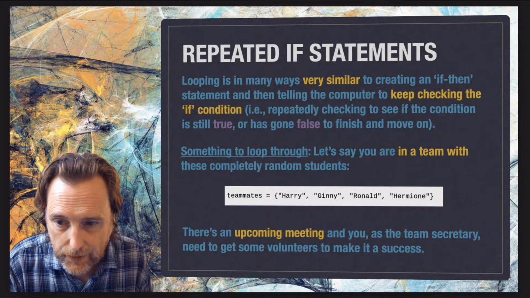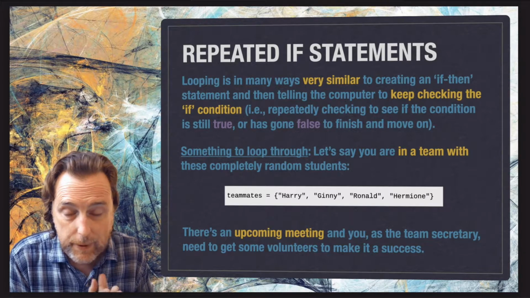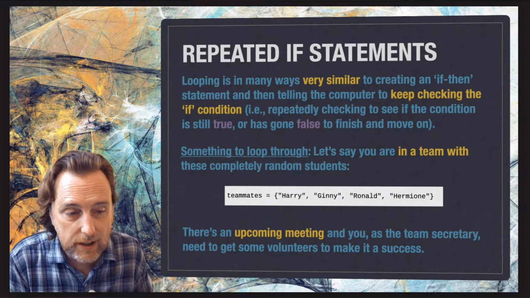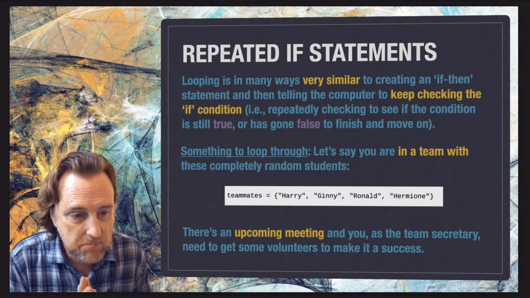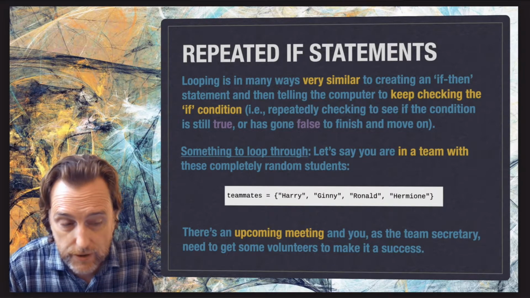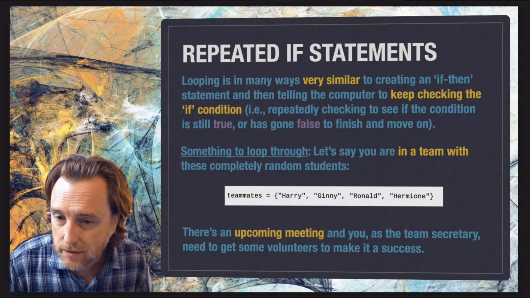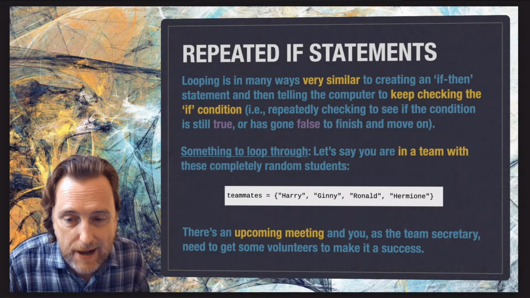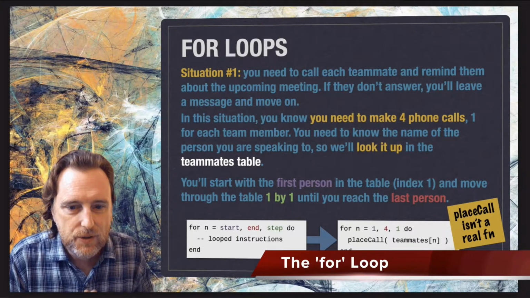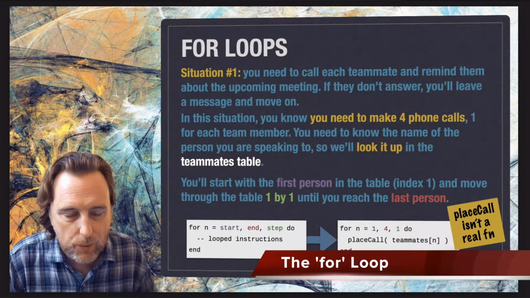Harry, Ginny, Ronald, Hermione. So there is an upcoming meeting. You guys are getting together, and unluckily, you're the team secretary. You're the one in charge of contacting everyone, at least this week, to make stuff happen. So just conceptually, let's start with the for loop.